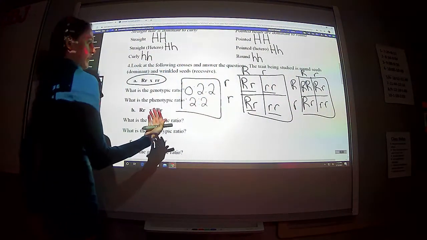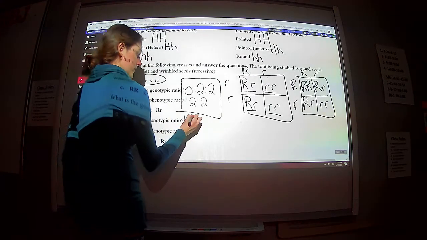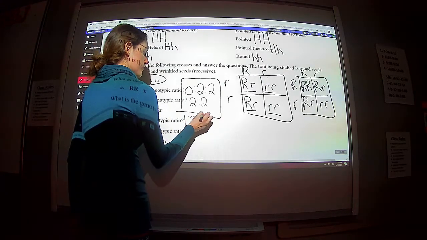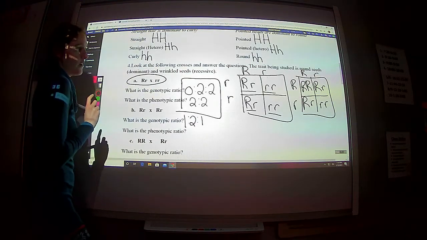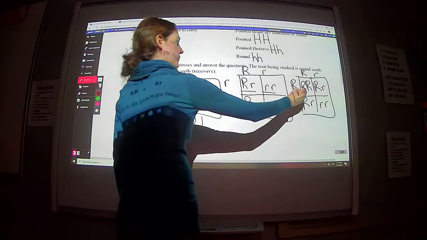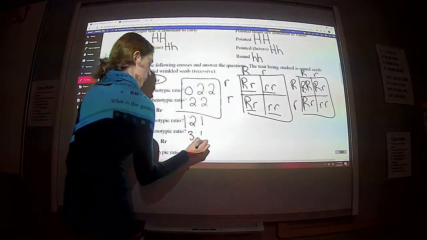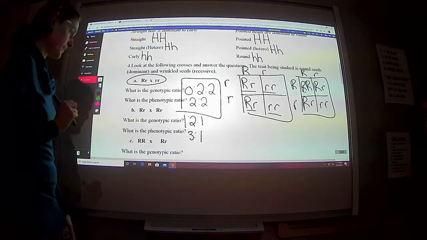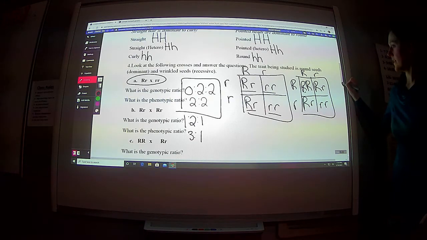Our genotypic ratio, we start with homozygous dominant, we have 1. Heterozygous, we have 2. Homozygous recessive, we have 1. Phenotypic ratio. As long as you have one capital R, it's going to be round. So if I look at that, I have 3 here, here, and here. And 1 that's going to be wrinkled. Let's see, what's our next problem?